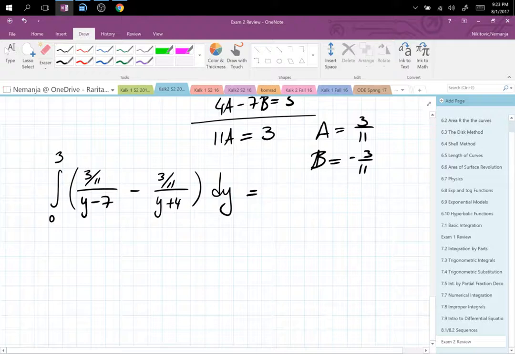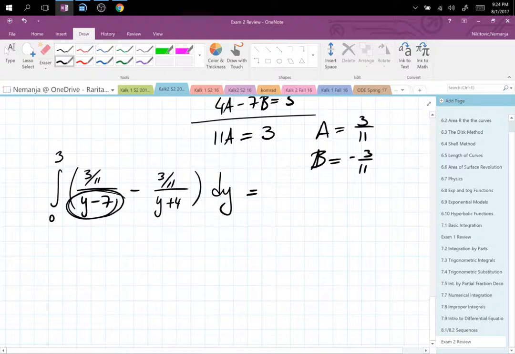And now, guys, these are linear. That means they're ln's as answers. If they have squares, they're what? They are arctangents, yes. They can't be if it's minus.